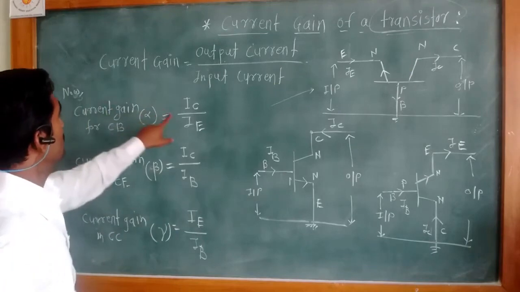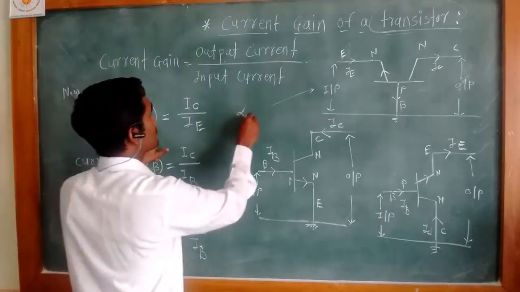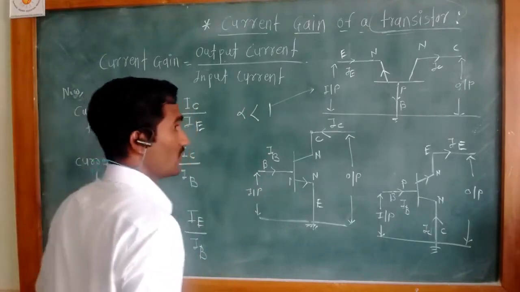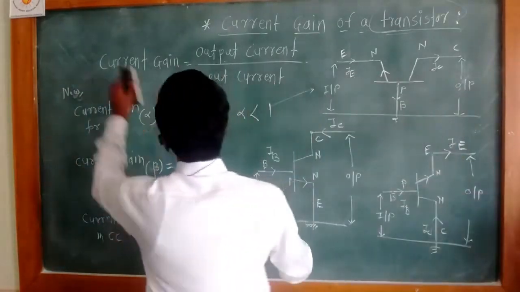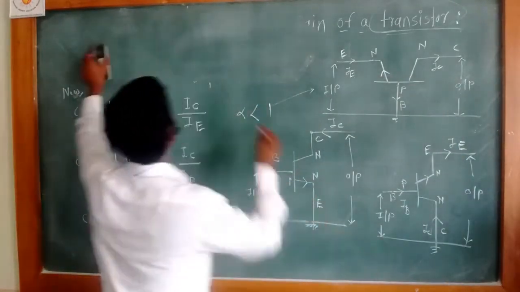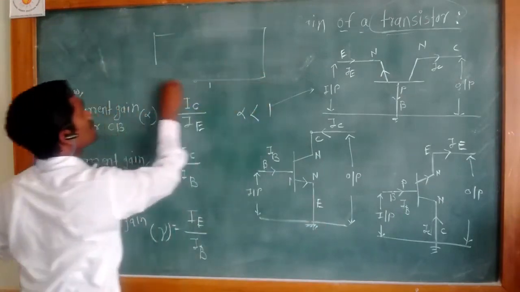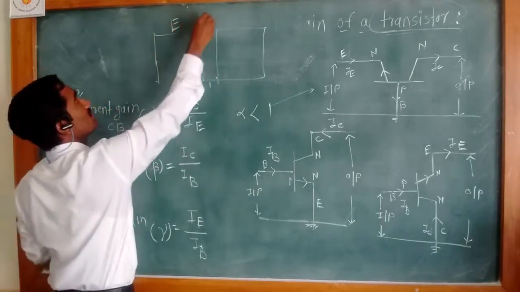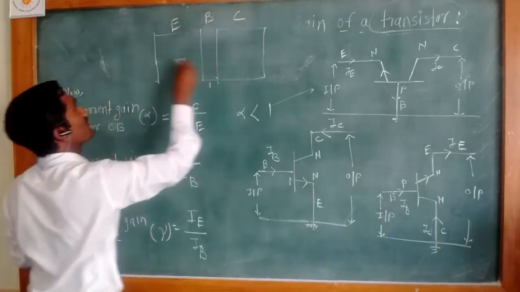Note down that alpha is always less than 1. Why is this? Because if you look at the structure of the transistor, this is the emitter, this is the base, and this is the collector.